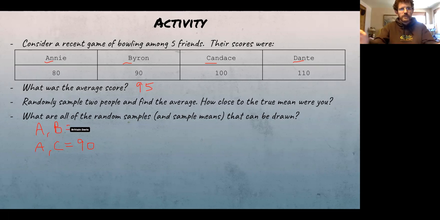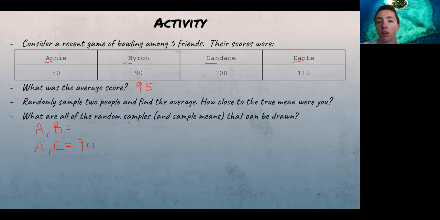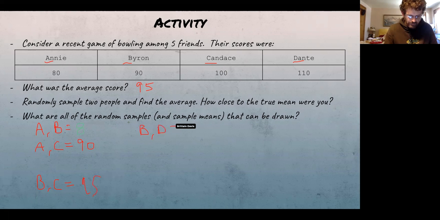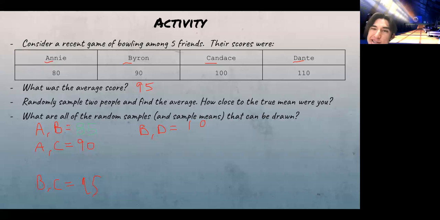If you want to fill in the average as we do this, that's fine. You can probably do this in your head. Let's think of all the combinations that are possible. Byron and Candace. Byron and Dante.